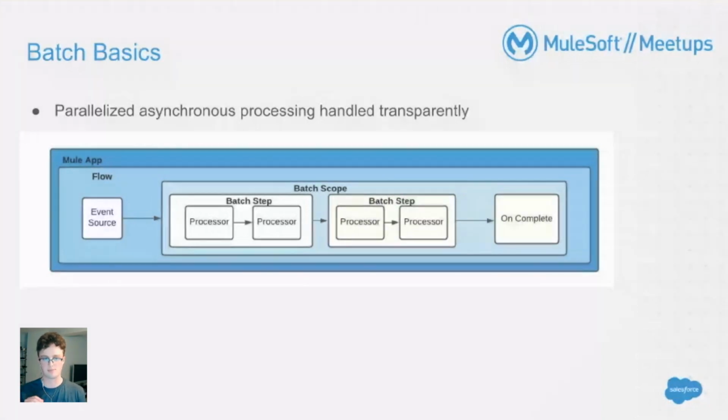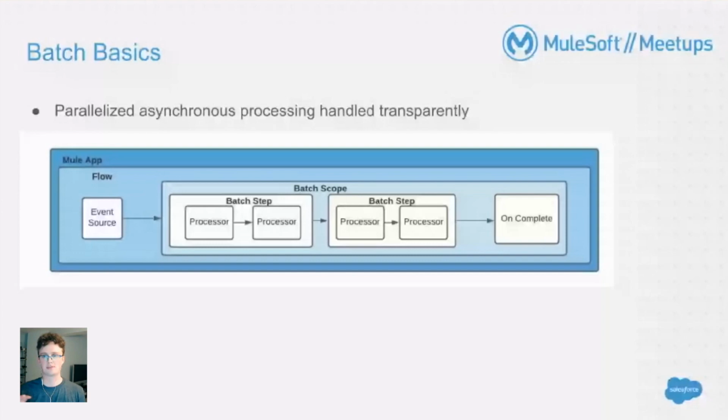If you have a request response, you need to hand back a response without knowing the results of the batch job. So for example, if you had an HTTP listener at the start of this flow, you'd hand back an HTTP 202 response, an accepted, basically that, yes, we got your request, we're processing it, but you're not waiting until the end of the processing in order to return a value.